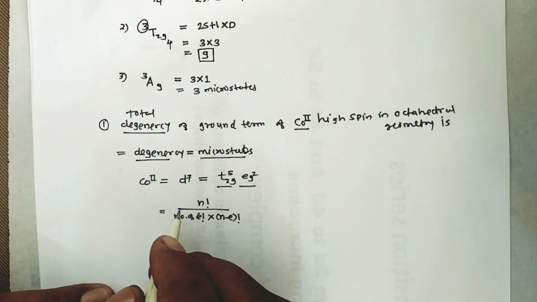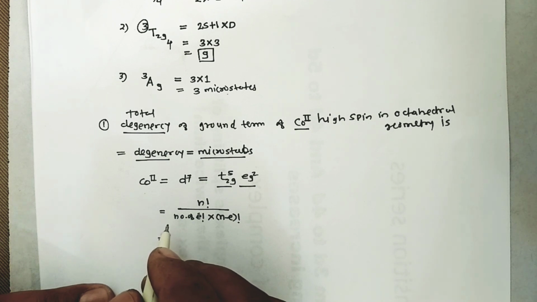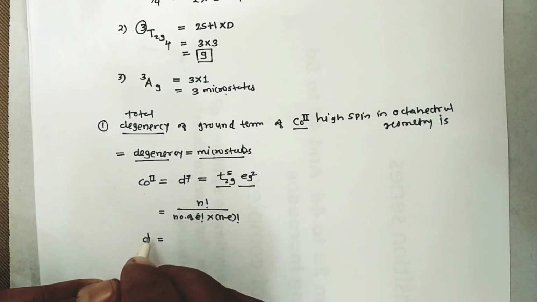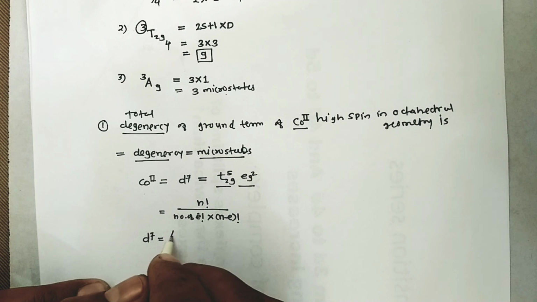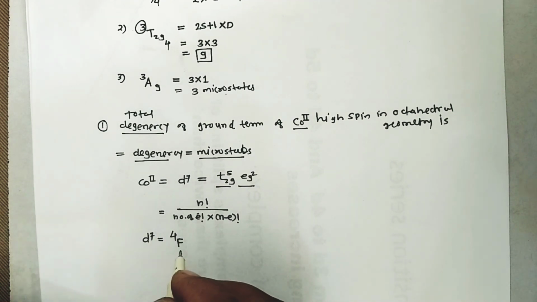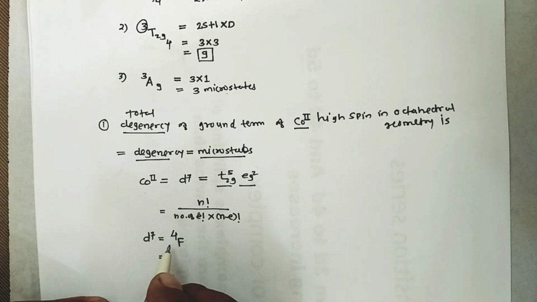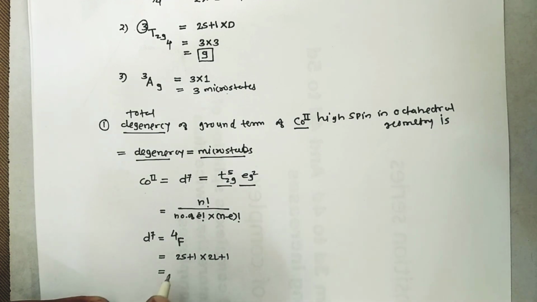Or you can use the ground term for this d7 configuration. For d7 configuration, the term is 4F. When the term is given, then we can use the formula 2S plus 1 into 2L plus 1. So here 2S plus 1 is 4, into 2L plus 1.